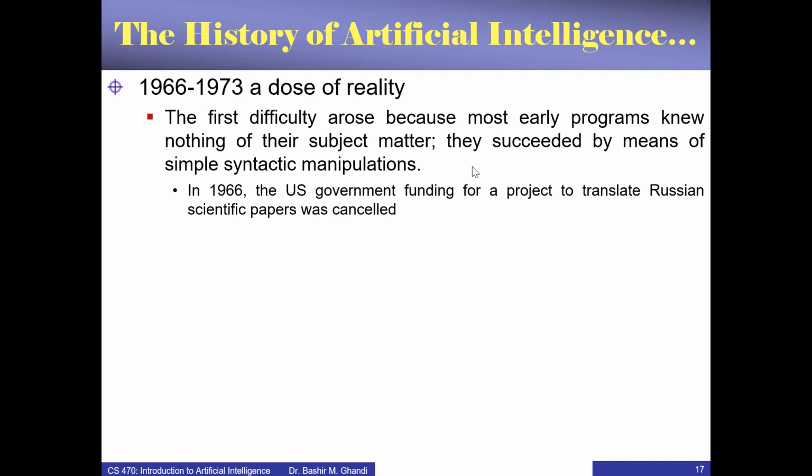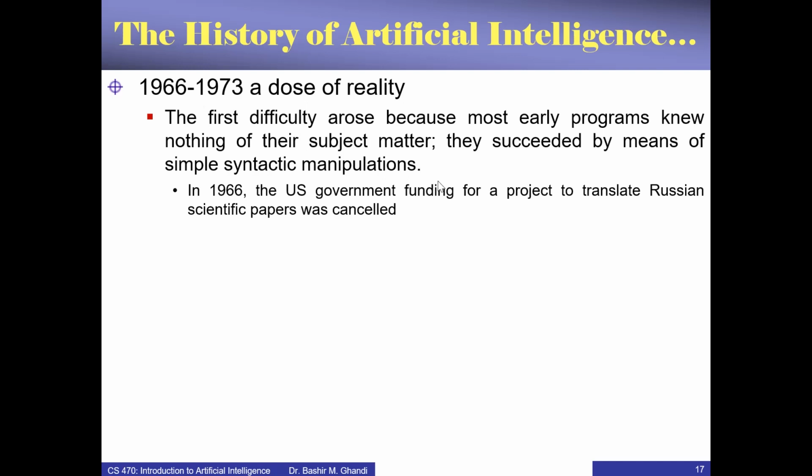For example, one of the failures was the withdrawal of U.S. funding in a project to translate Russian scientific papers. Initially, the U.S. government sponsored projects to use AI to translate scientific papers from Russia into English so that their military could benefit from the findings.